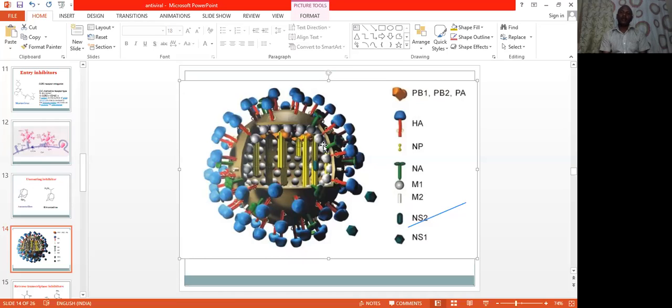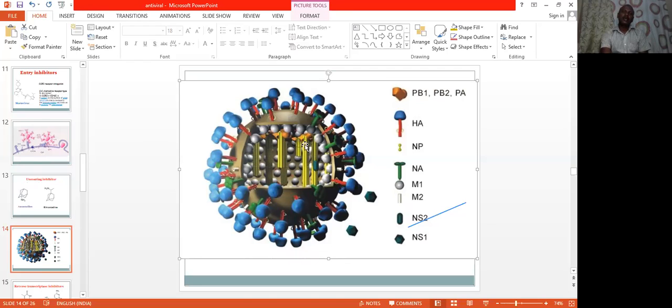Then the genetic material will be released into the host cell. Amantadine and rimantadine bind to these porins and prevent the migration of protons from the host cell cytoplasm to the virus particle.